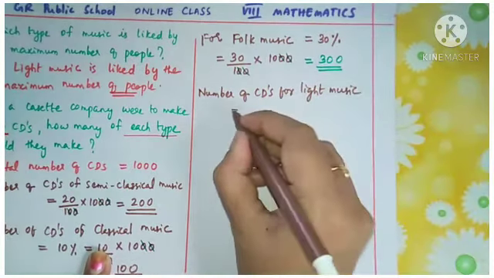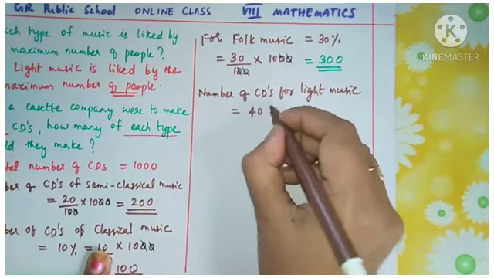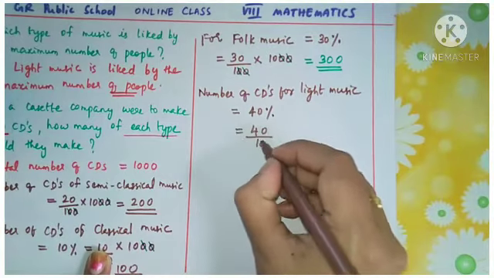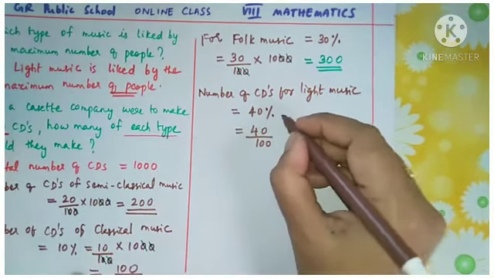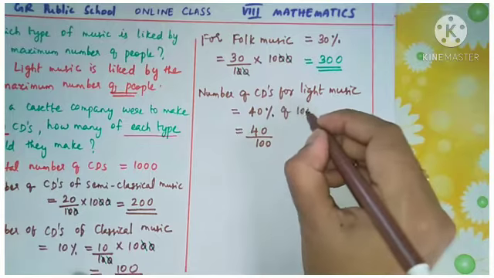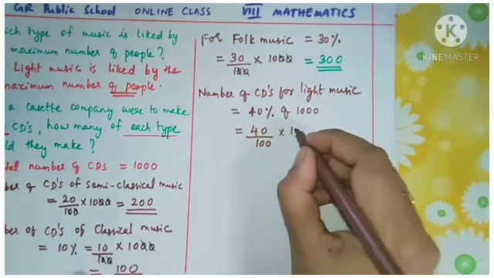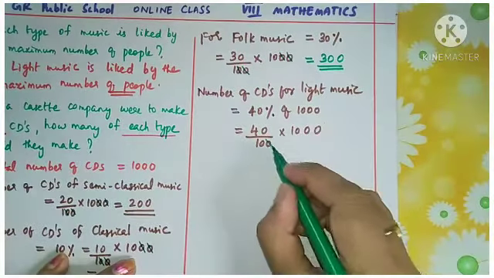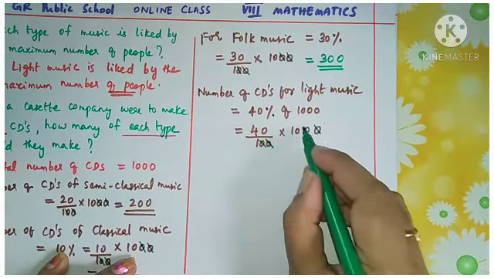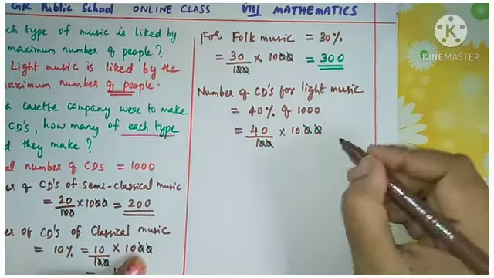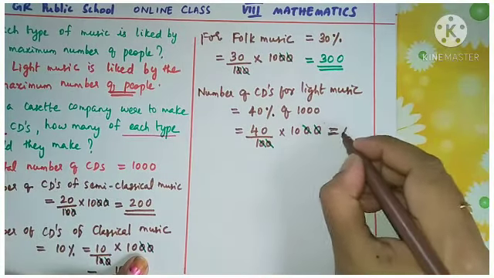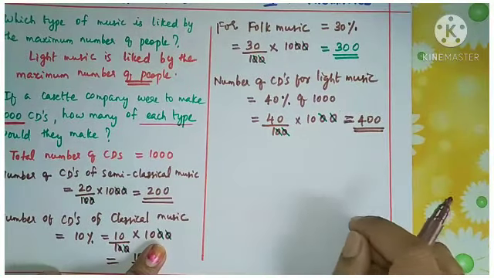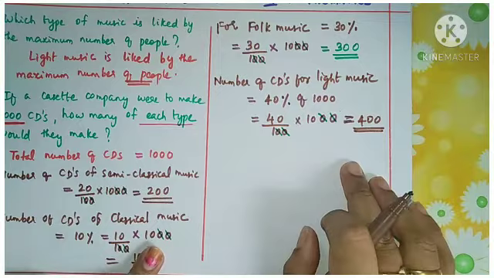Light music is maximum, how many percentage? 40%. So that is 40 by 100 into 1000. Here also do the calculation. Cancel the zeros, so 40 into 10, that is 400. Understood?